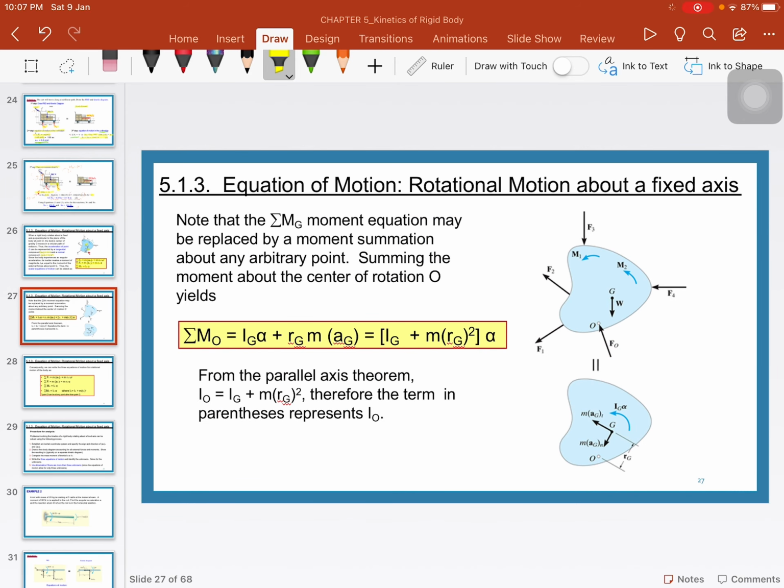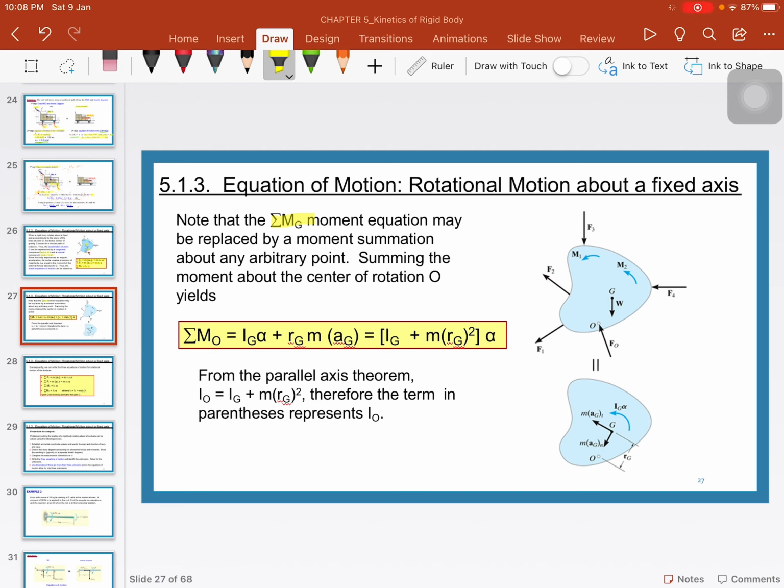Note that the summation of moment at G may be replaced by a moment summation about any arbitrary point. Summing the moment about the center of rotation O yields summation of moment at O equals IG alpha plus RG M AG, which equals (IG plus M RG squared) alpha.